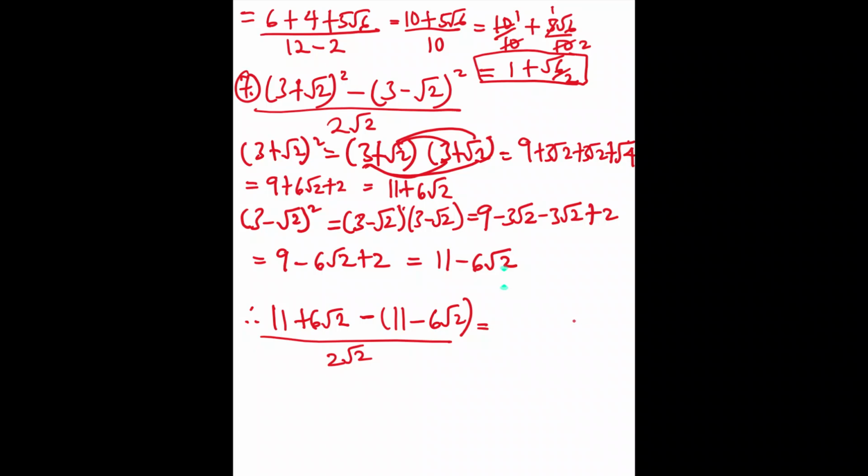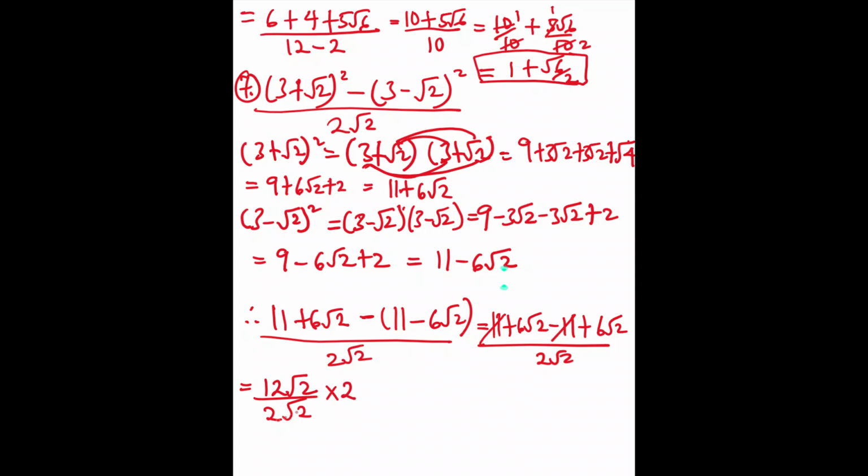Right? So now let's expand it. Let's use the minus to open this bracket. So we have 11 plus 6 root 2 minus 11 plus 6 root 2. Okay, so 11 will cancel 11 to give 0. So 6 root 2 plus 6 root 2 will be 12 root 2. Okay, that will be 12 root 2 over 2 root 2.